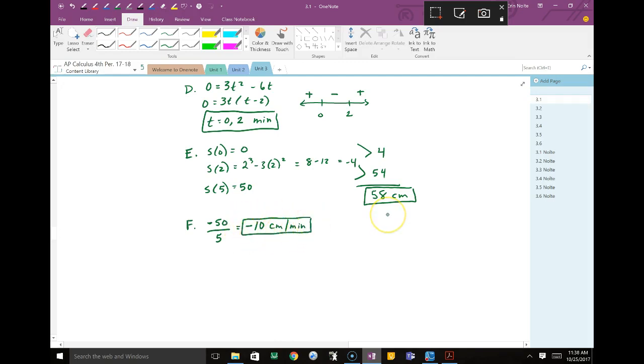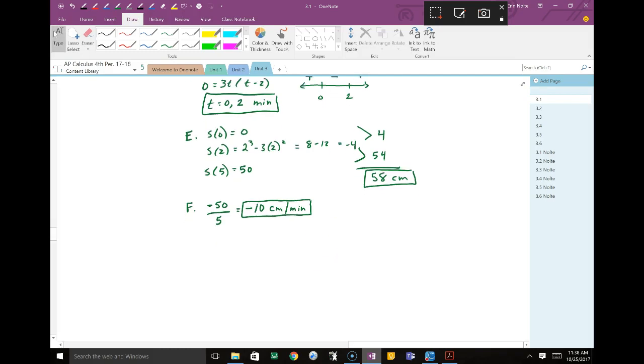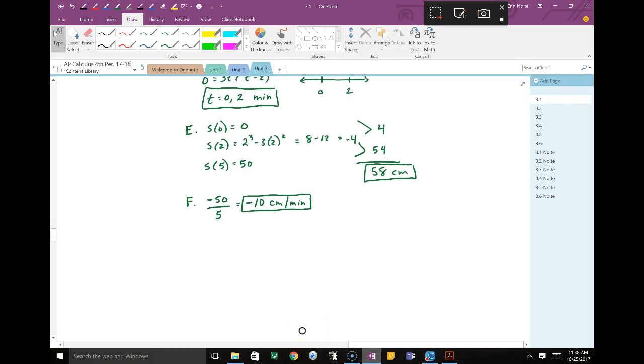So, average velocity is technically a slope formula, right? Because you have displacement, which is just y2 minus y1, over elapsed time, x2 minus x1. So it's an average rate of change. So G, what's our total distance? Did we figure that out? We figured that out before, didn't we?